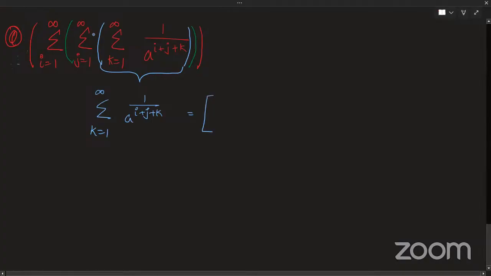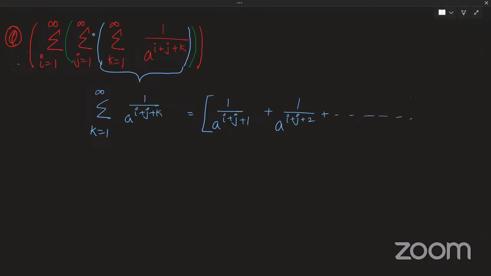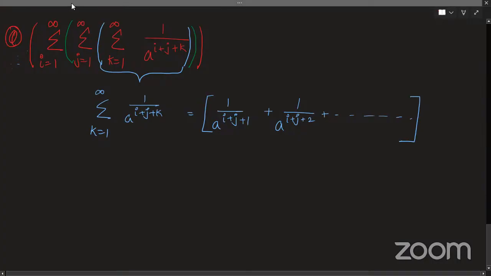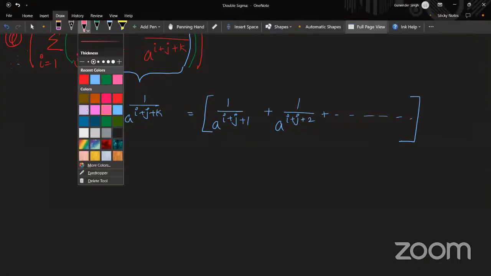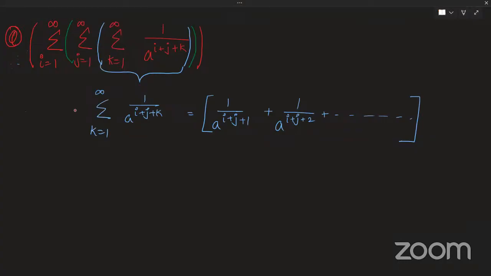What is this series? 1 by a raised to i plus j plus 1, plus 1 by a raised to i plus j plus 2, and so on up to infinite terms. Right? So do you know what is the sum of this series? Infinite GP, a by 1 minus r, right? a is the first term.